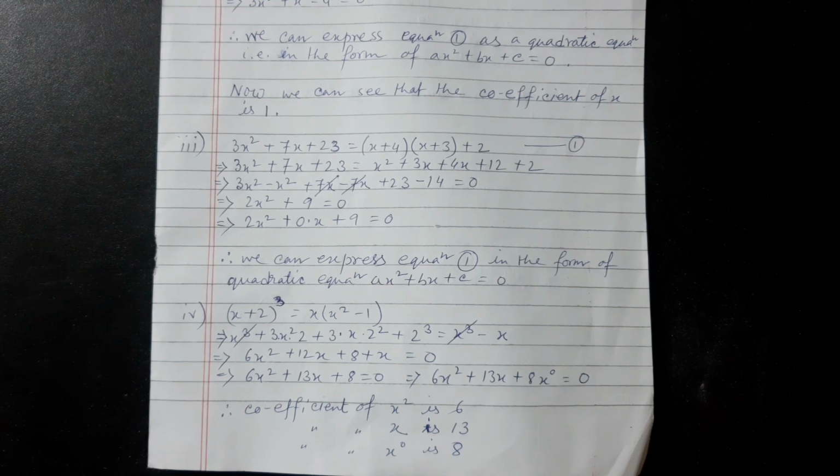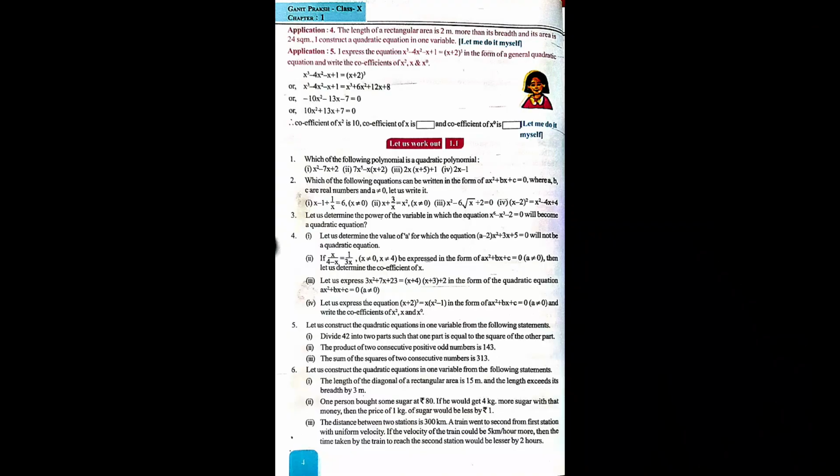Now, question number 5. Let us construct the quadratic equations in one variable from the following statements. So, we have to make the quadratic equations from the following statements. First part of question 5.